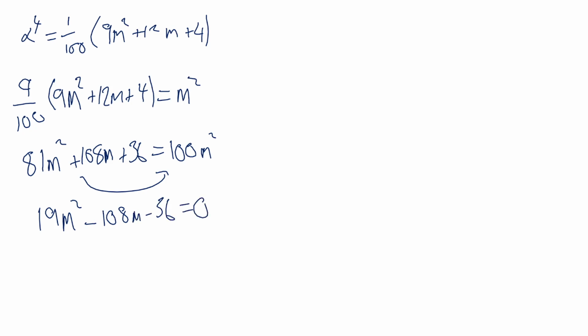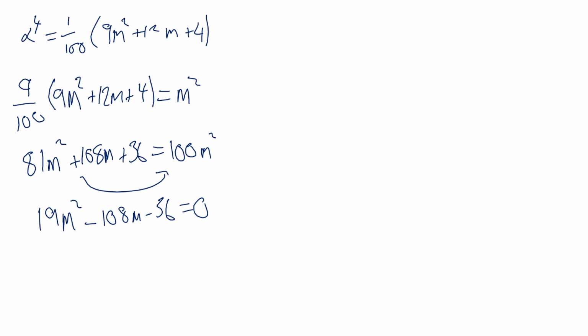Now we can't just factor this. I mean, I'm sure you could if you tried, but you'd be there for a while. We're just going to use the equation for solving the quadratic equation.